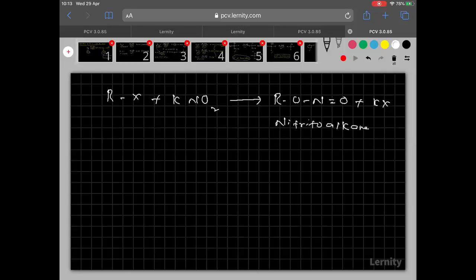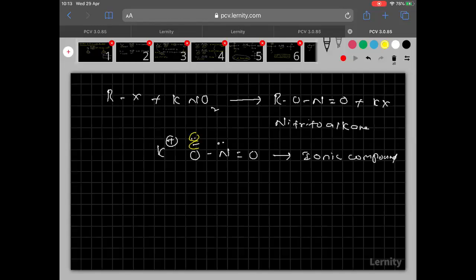Nitritoalkane. So here also let us see the structure of KNO2. Okay. So see clearly, everyone knows the KNO2 structure is this one. And remember, KNO2 is also an ionic compound. Now tell me, oxygen is carrying a lone pair and at the same time a negative charge.